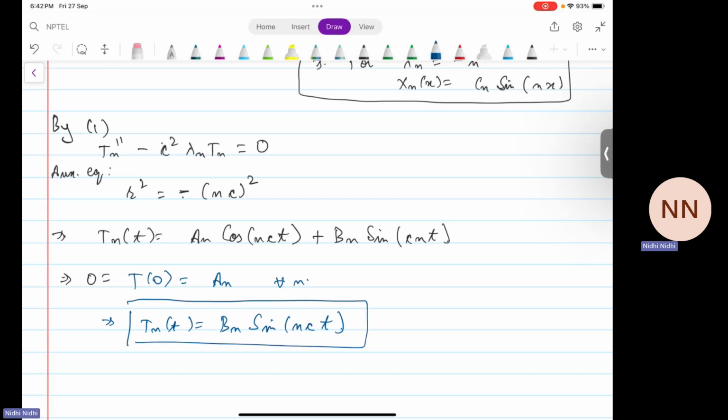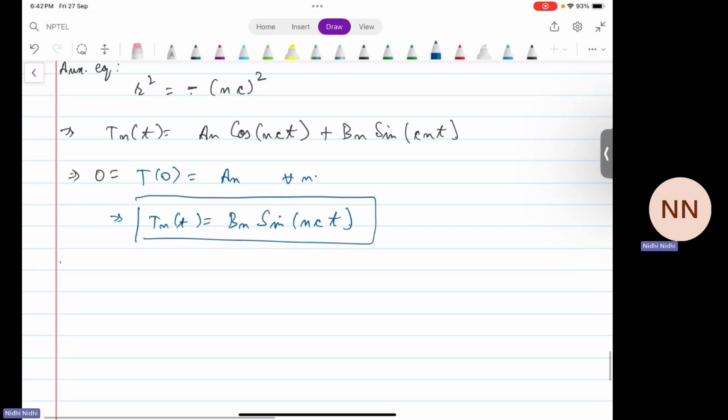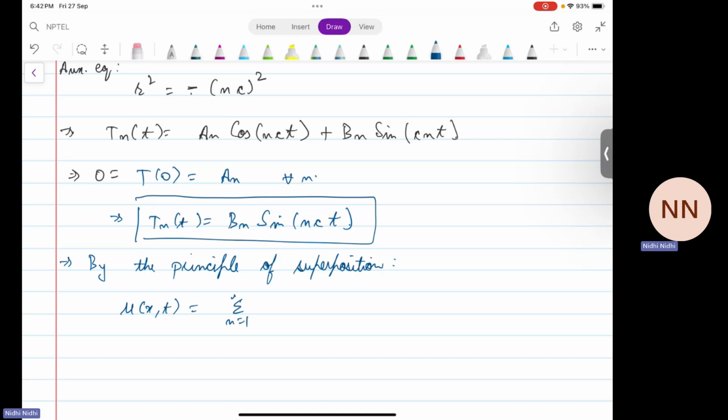Therefore, by the principle of superposition, we have u(x,t) equal to the summation n from 1 to infinity.